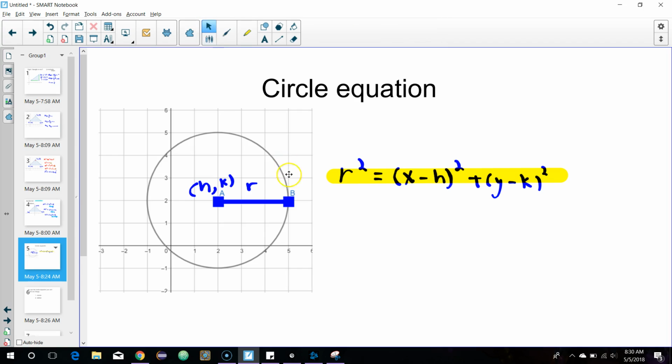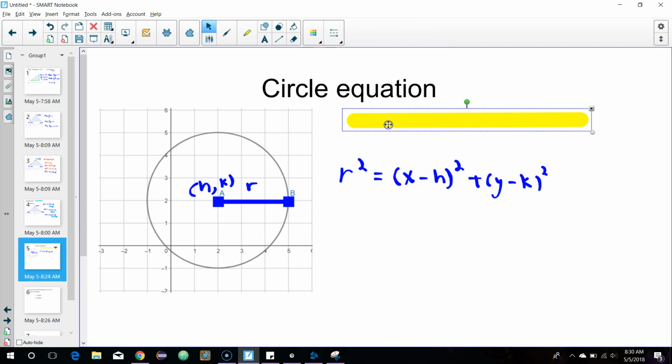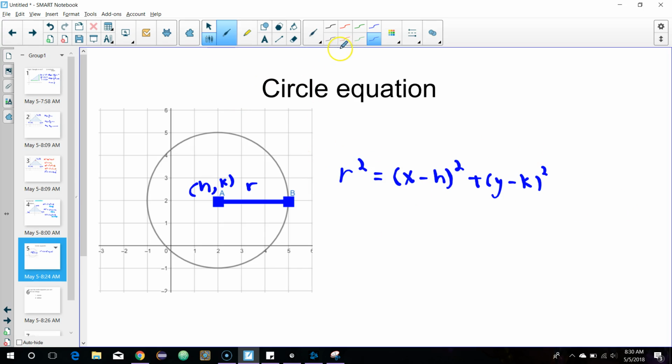While I was teaching you how to do this, a lot of people get really confused about what we're going to do with the x and y. Now, if you remember what an equation means, you have some sort of variable in there, whether it's x, y, or z. So when they talk about a circle equation, if you know your center and your radius, you're replacing some of these items with a number.